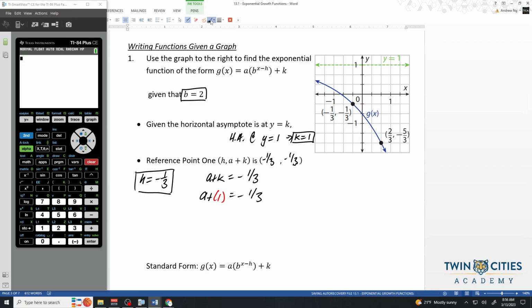And subtracting 1 from both sides, here I'm going to have to think of this as subtracting 3/3 from both sides. This will get a equals negative 4/3.